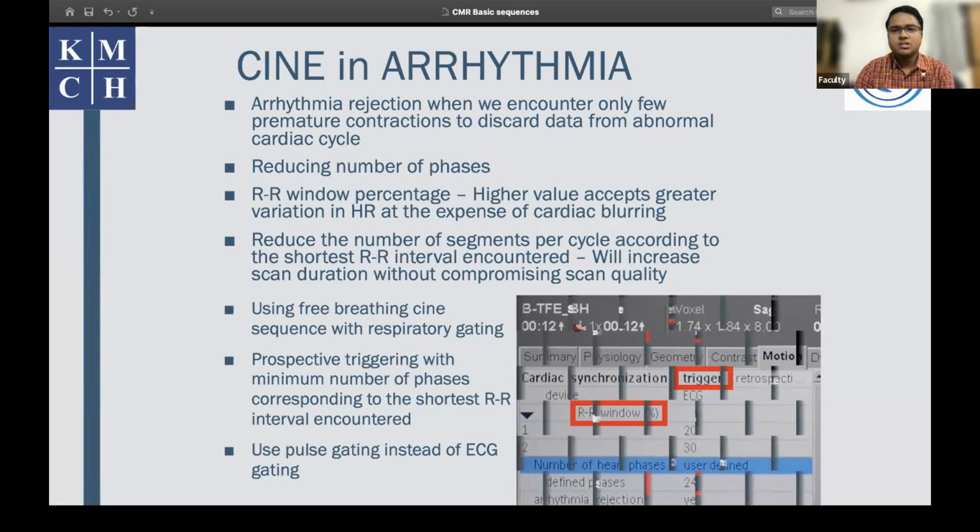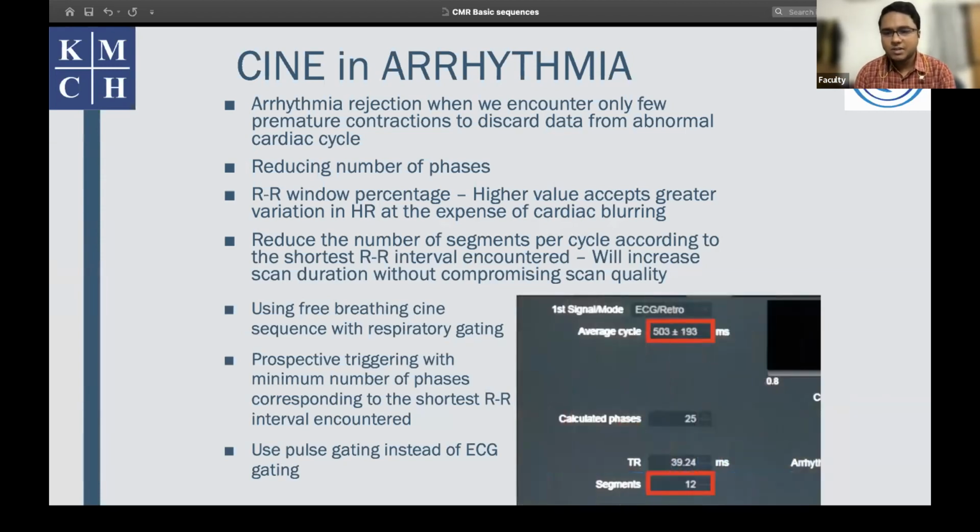The next option is to reduce the number of segments per cycle. This is what I was talking about when I said the difference between segments and phases. Here, we give a number of segments per cycle according to the shortest RR interval that is encountered. So here is the average cycle length that is given.